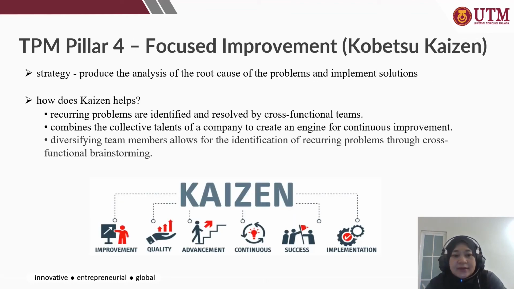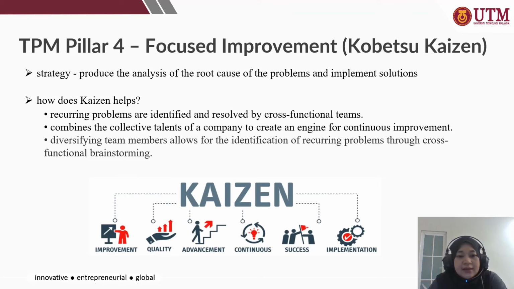So what is the strategy that falls under this focus improvement? The teams must work together and come up with the root cause analysis of the problems and implement the solution.